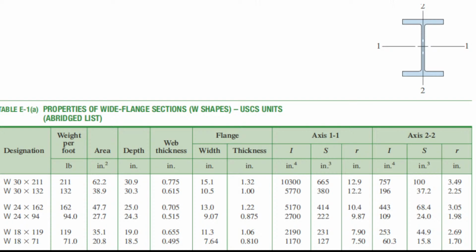This formula is usually converted to a form that involves the column's slenderness representation. Just like what I said, take the definition of stress and divide both sides by A. That gives the Euler buckling stress.